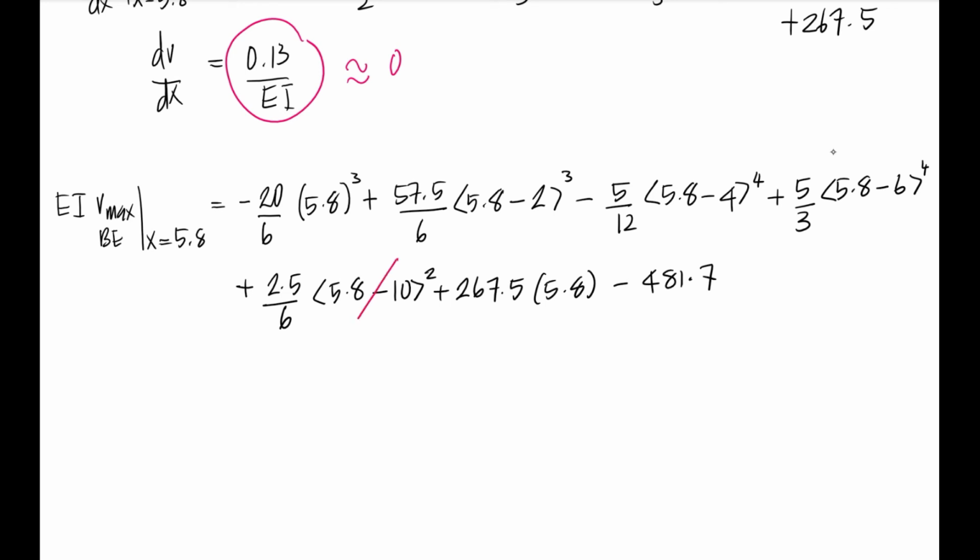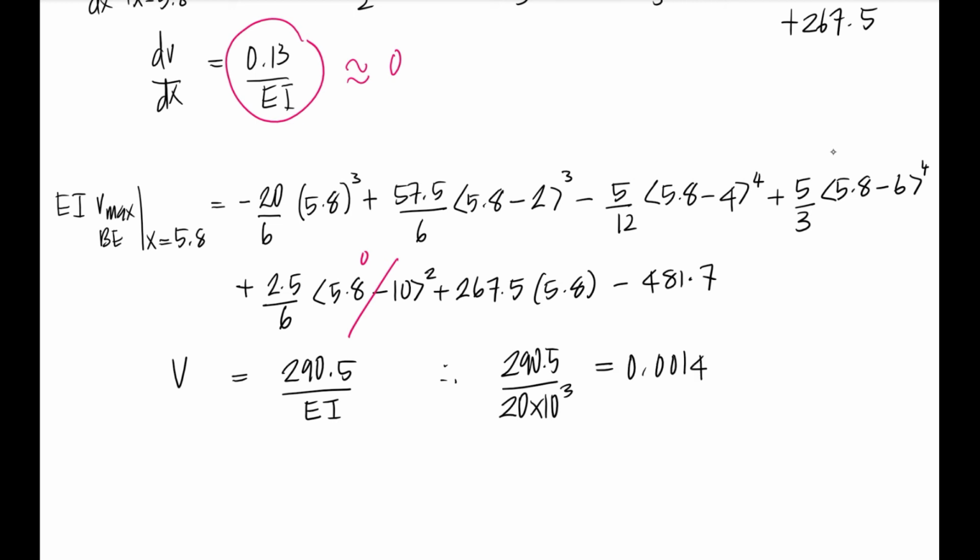Of course the 5.8 minus 6 term is negative, so you will get a 0. So when we calculate, we get V equal to 290.5 over EI. Since EI is given, we will get 290.5 divided by 20 times 10 power of 3, which gives 0.001453 meters. So it's positive, it's going up.